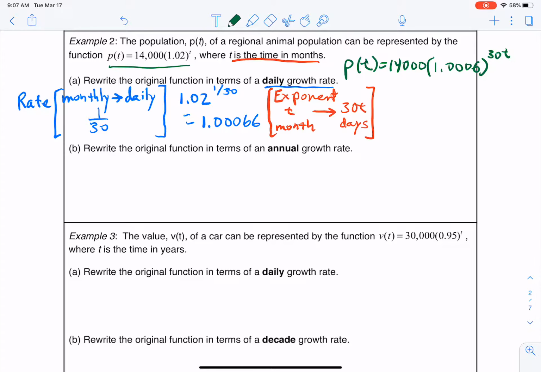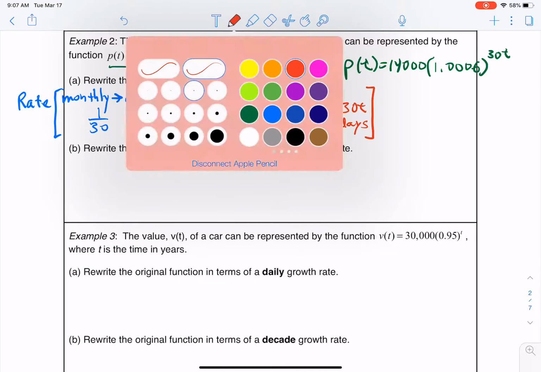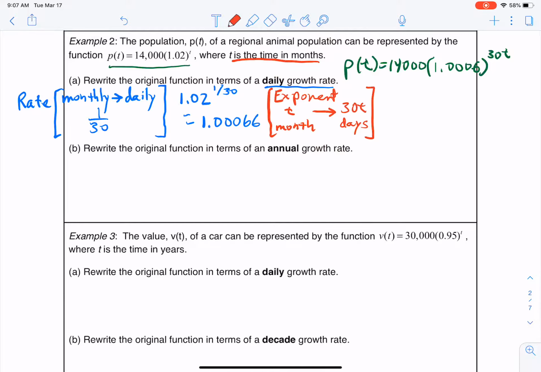All right, great. So let's look at part B now. All right, rewrite the original function in terms of an annual growth rate. So here, something a little bit different is happening. So again, I'm going to write my graphic organizer.